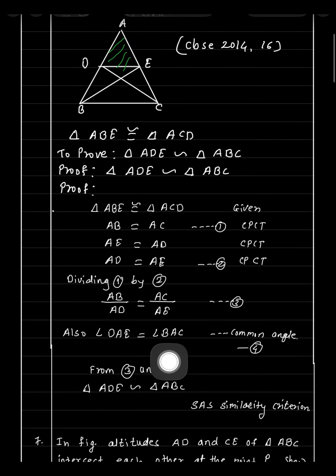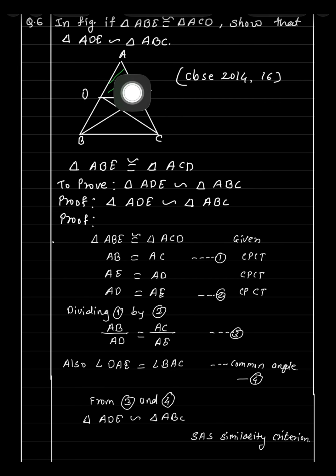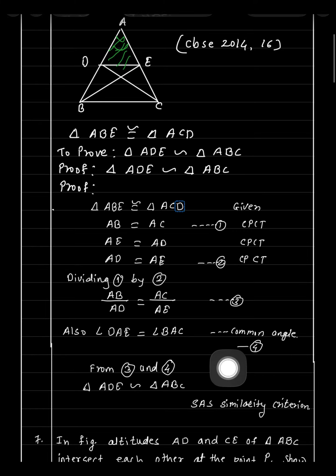So here angle DAE, this angle, is equal to angle BAC. That is the same angle, a common angle. So by 3 and 4, triangle ADE is similar to triangle ABC.